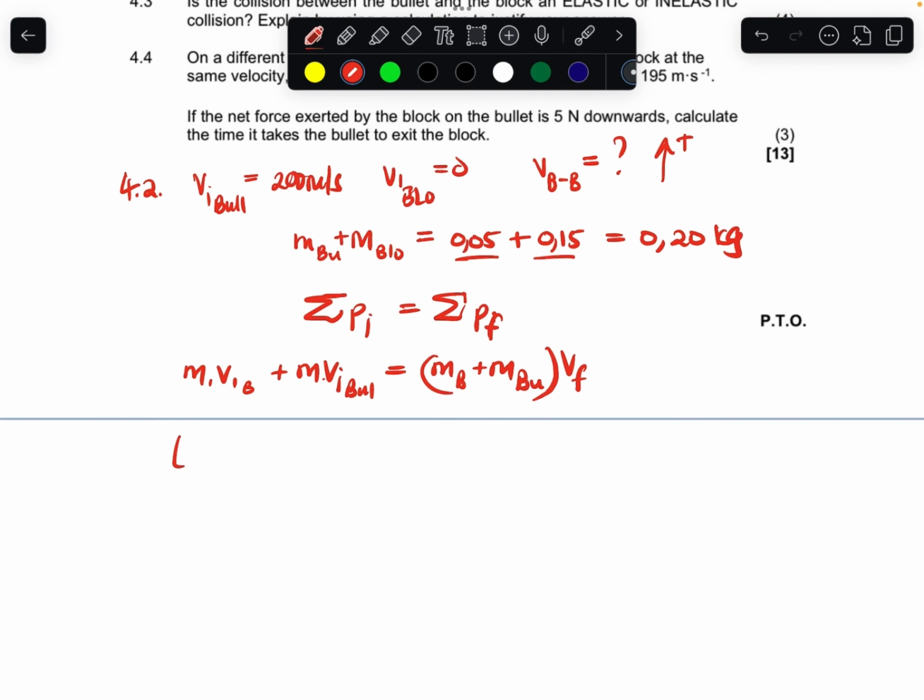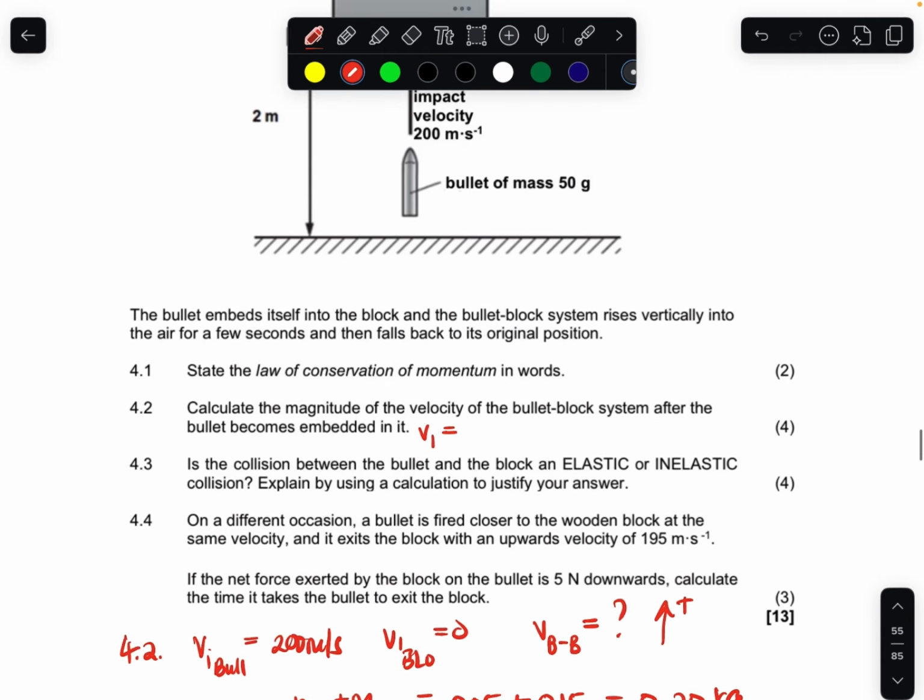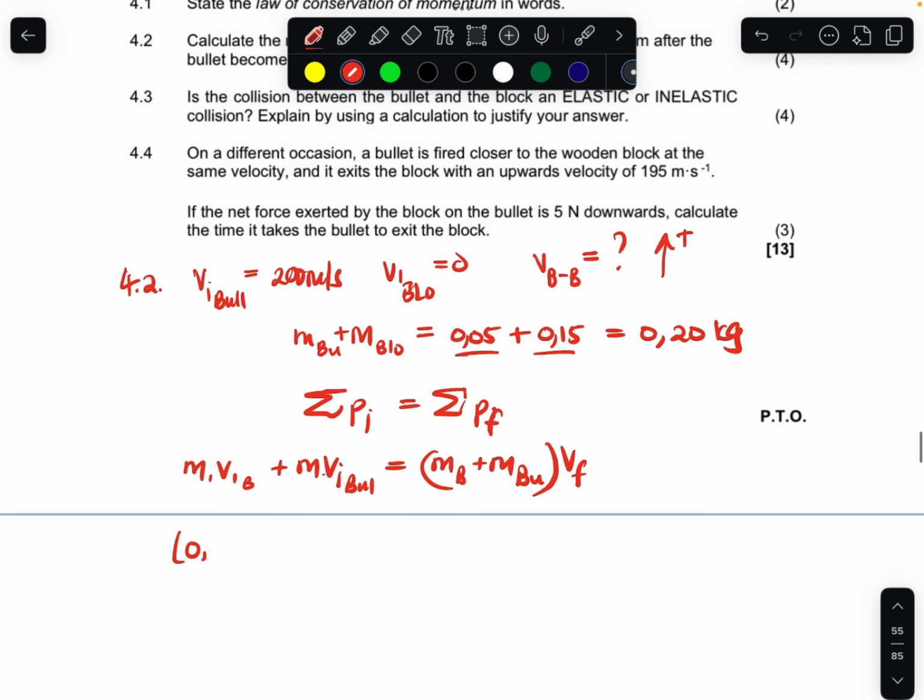So the mass of the block is 150 g, which is 0.15 kg, times the initial velocity, which was 0, plus the mass of the bullet, 0.05, times the initial velocity, which was 2000, going in the positive direction.